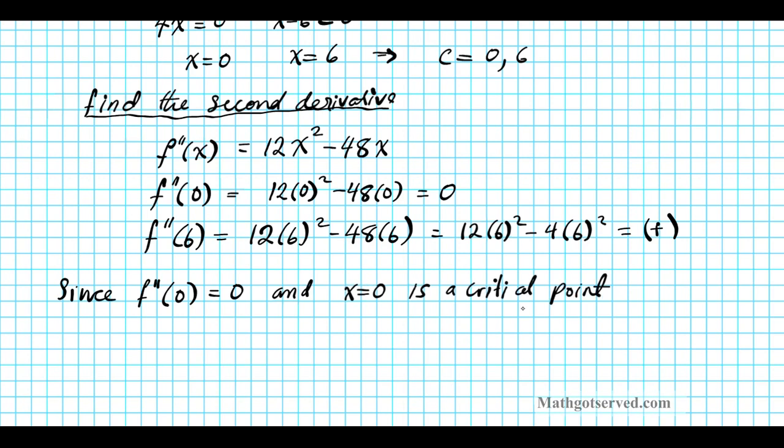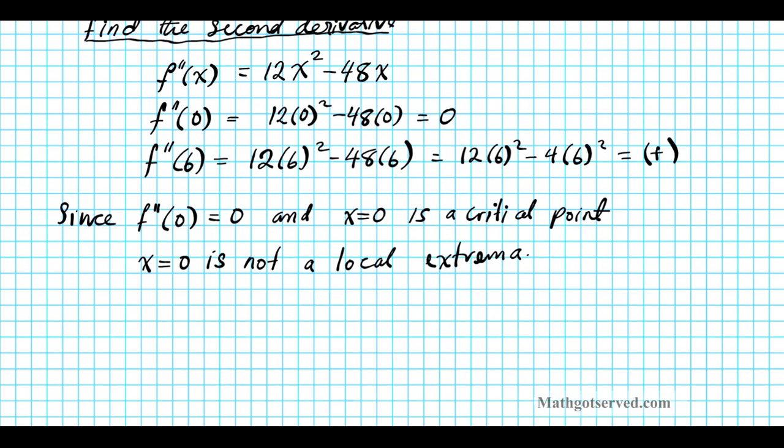Is it a max or is it a min? If x equals 0 is a critical point and the second derivative is 0, which means it's neither negative nor positive, x equals 0 is not a local extrema. It has to either be positive or negative in order for us to draw any conclusion as to if it's a max or a min. So since it's 0, it's not an extrema.